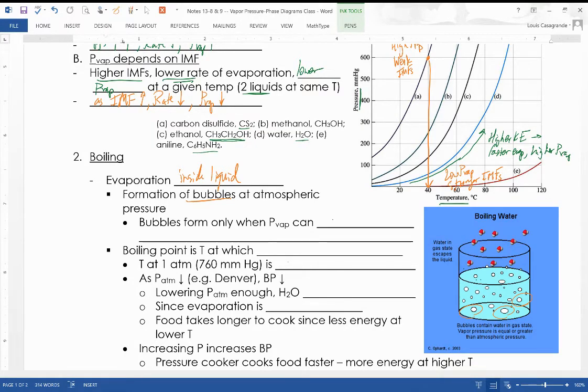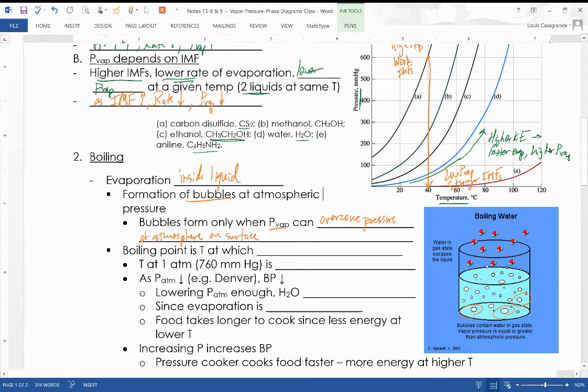That's what you see first. But these are the bubbles of the rolling boil. Bubbles can form only when the vapor pressure can overcome the pressure of the atmosphere on the surface.